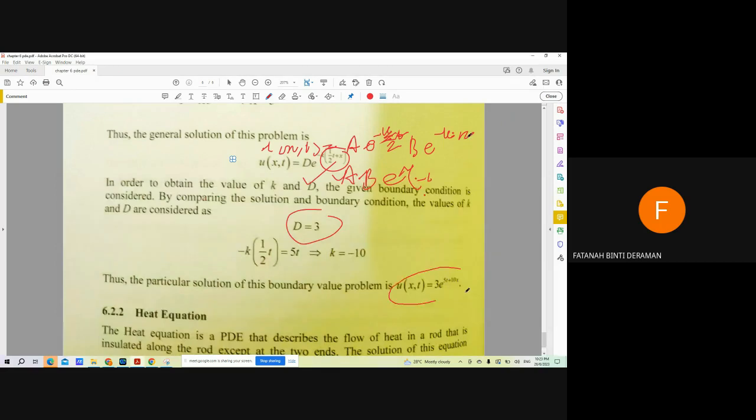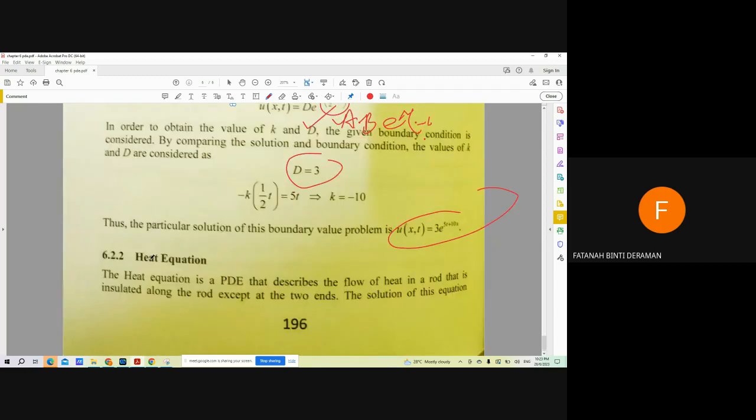Okay, that's all for tonight. For the heat question, you can see in your textbook they apply separable also, but for the second order, meaning you need to differentiate two times, and then you will have the wave equation.